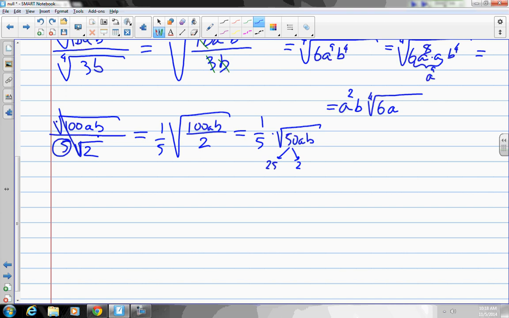I can push it inside. Well, we'll talk about this in a second. There are a few ways we can do this one. But yeah, so 50 is 25 and a 2, so it's 1/5 times 5, and we still have 2ab under the square root. Right, I can take the square root of 25. Comes out as 5, so these two cancel. Square root of 2ab.